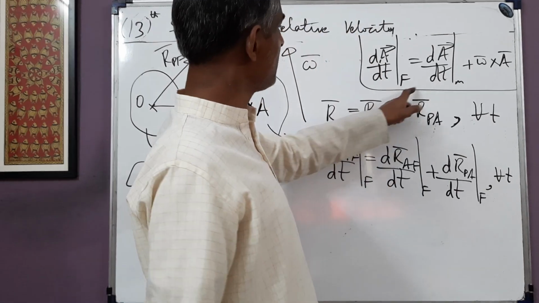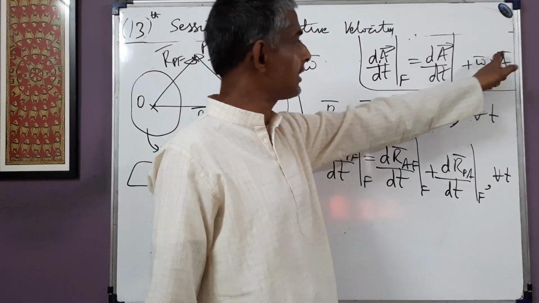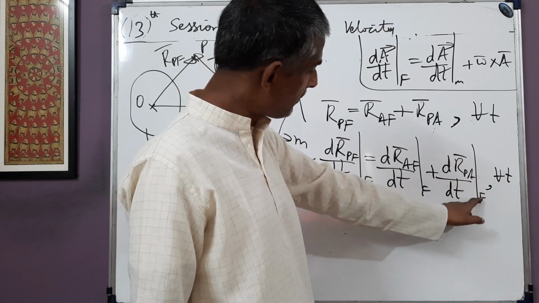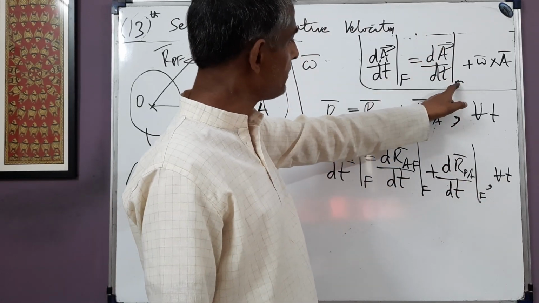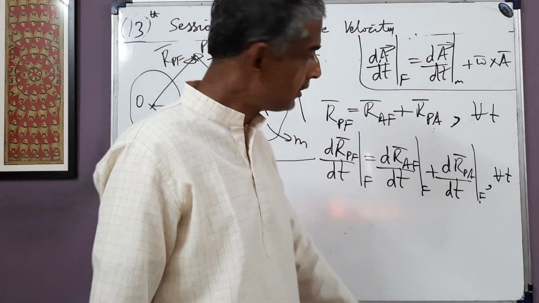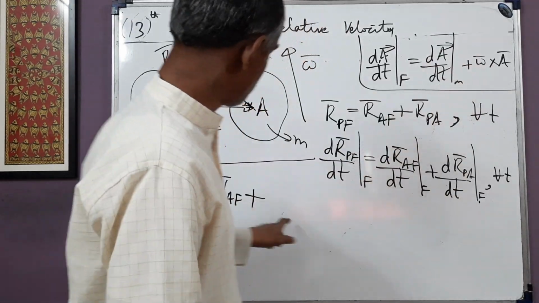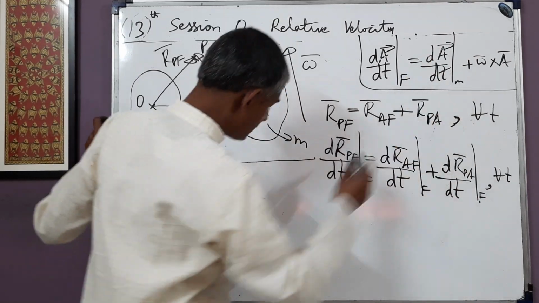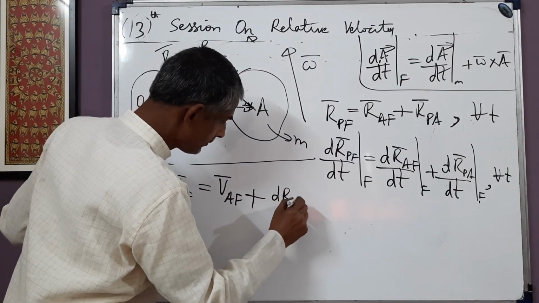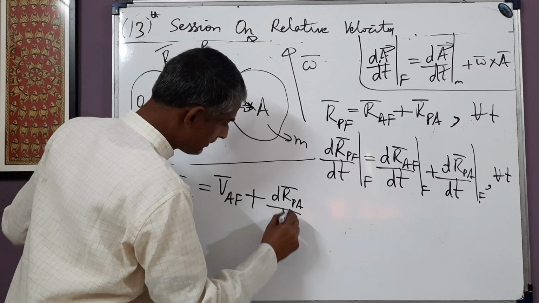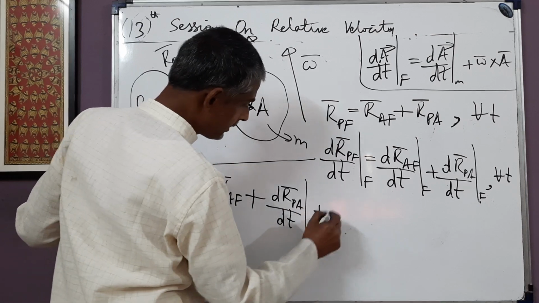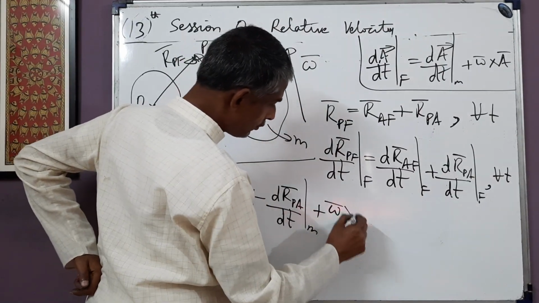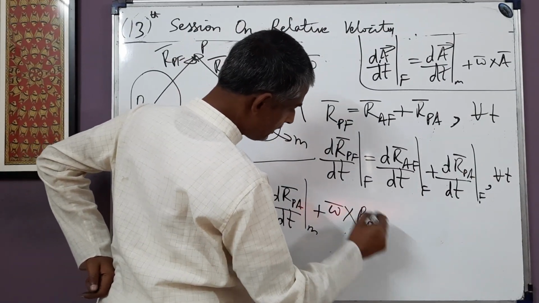So dA by dt in frame F is equal to dA by dt in frame M plus omega cross A. So d rPA by dt in frame F is equal to d rPA by dt in frame M plus omega cross rPA. Instead of A we write rPA: omega cross rPA.